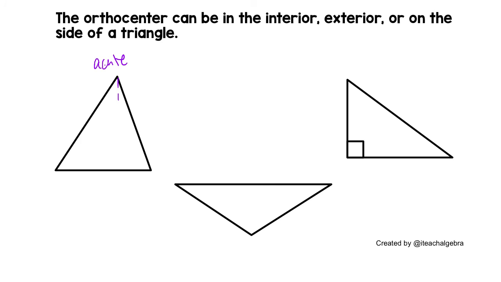We want to make a right angle here and a right angle here. This is awful because my lines didn't cross. It should be like right here. Sorry. And then we have an obtuse triangle.